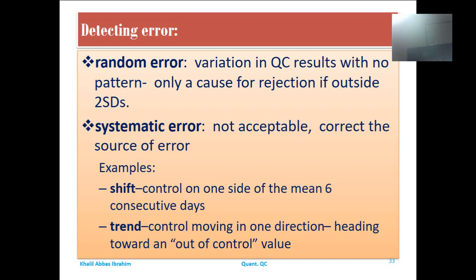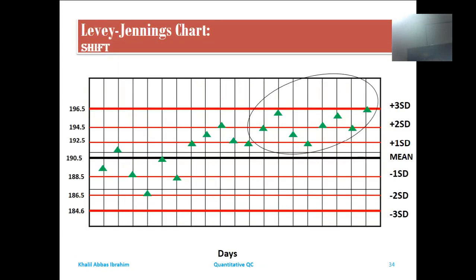The situation should be analyzed and investigated, problems understood and resolved, and after that you come back to reassess or examine the patient samples together with the control materials again. This is an example of shift.